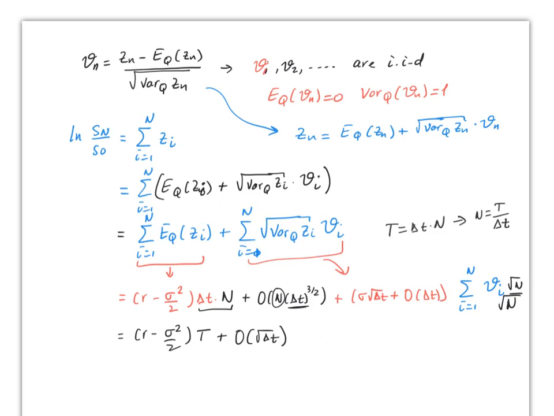So you multiply this by that, you end up with just delta t to the 1/2, which is this part, plus, notice that if you multiply this times this, it's going to give you the square root of t. So this should be sigma times the square root of just t. And if you multiply this times that, that's going to change also the order. So it's going to be plus big O of the square root of delta t.